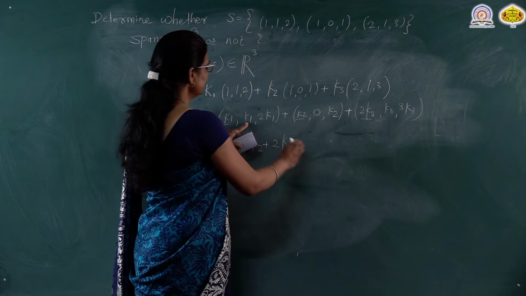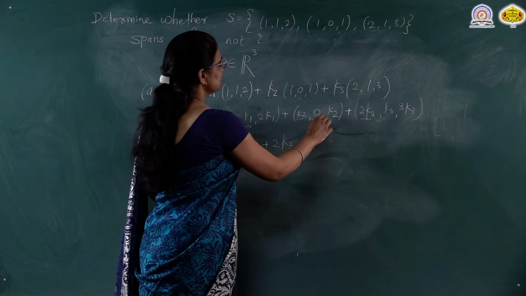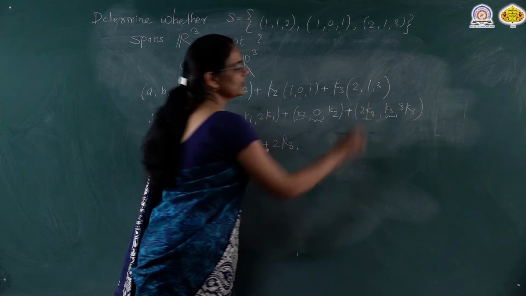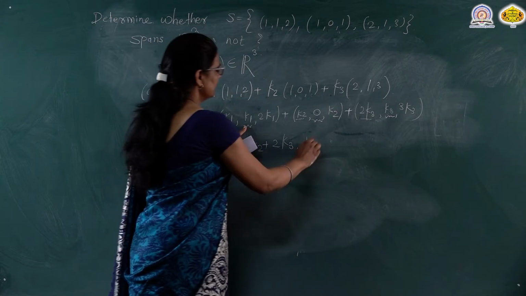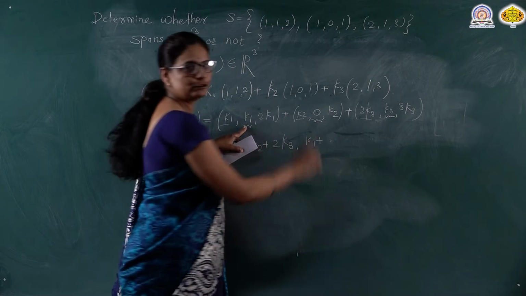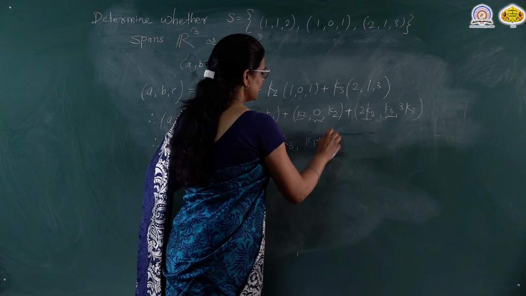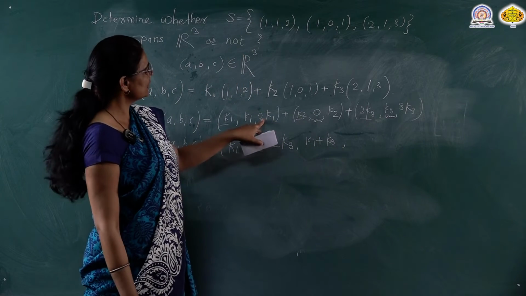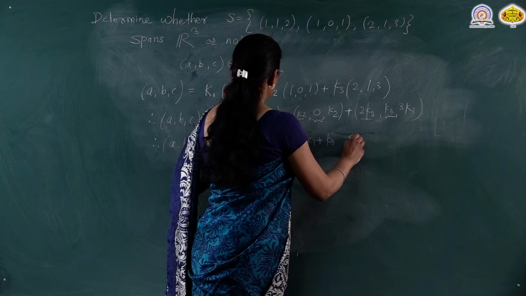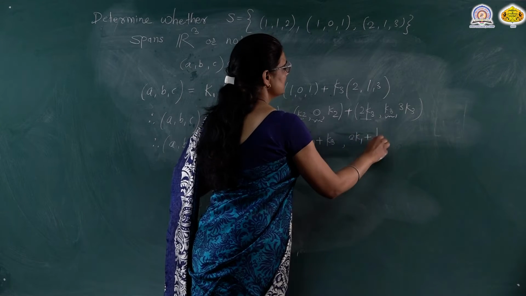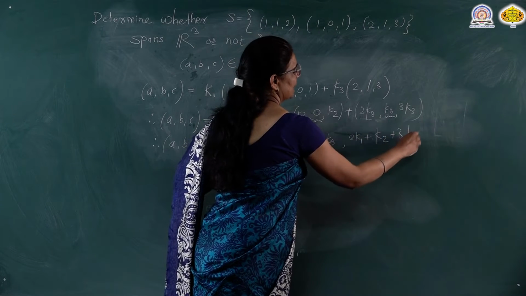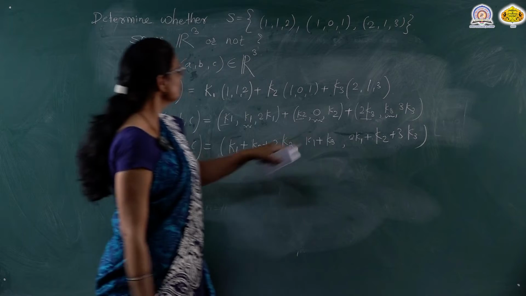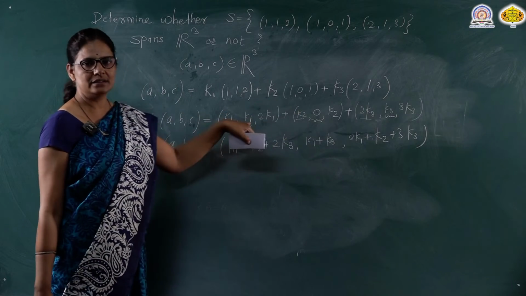The next component is the addition of the second component of each vector, so K1 plus K3. The last one is the addition of the third components: 2K1 plus K2 plus 3 times K3. So this is the addition of all these 3 vectors.